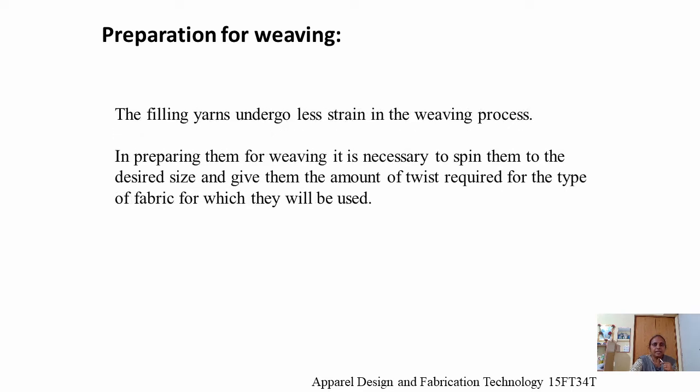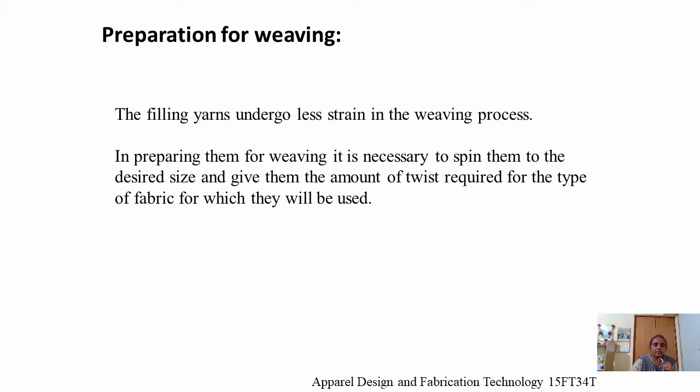The filling yarns undergo less strain in the weaving process. In preparing them for weaving, it is necessary to spin them to the desired size and give them the amount of twist required for the type of fabric for which they will be used.